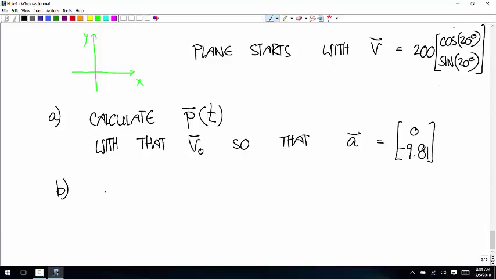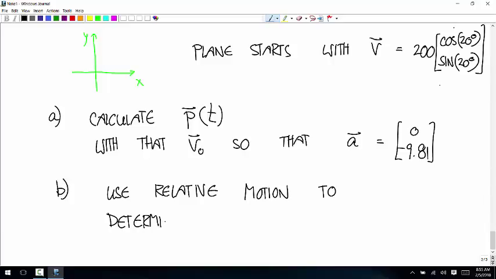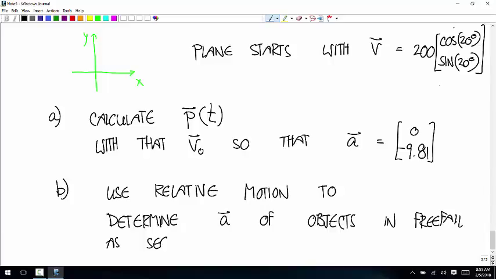Then use relative motion to determine the acceleration of objects in free fall as seen by observers on the plane.